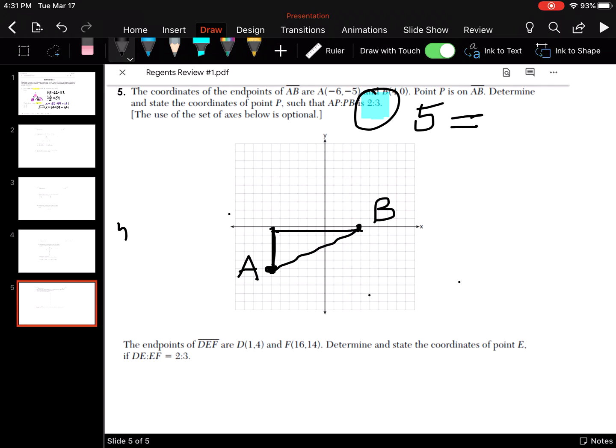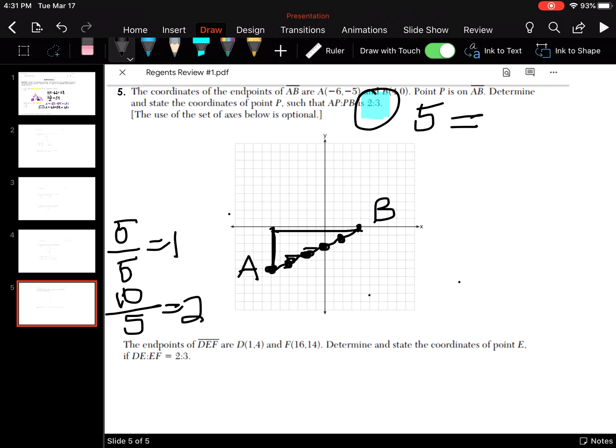So instead of going up 5, we're going to divide 5 by 5 and get 1, and instead of going to the right 10, we're going to divide that by 5 and get 2. So we're going to go up 1, right 2, up 1, right 2, this is so sloppy, up 1, right 2, up 1, right 2, and up 1, right 2.